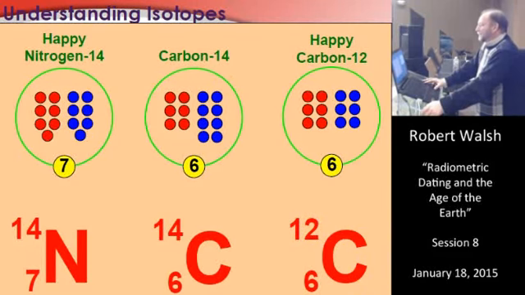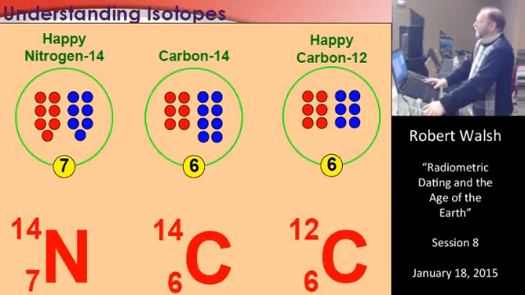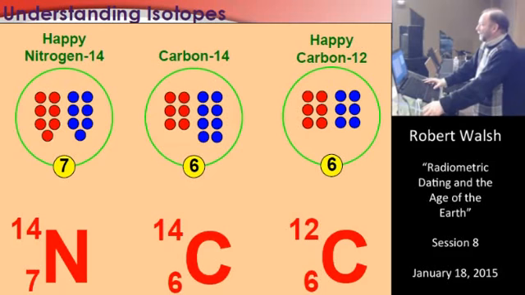And so they're examples of isotopes. Okay, so an isotope is a state, if you will, of a particular element that's unstable. Carbon-14 is an unstable version of carbon-12, and so that isotope wants to decay into carbon-12.